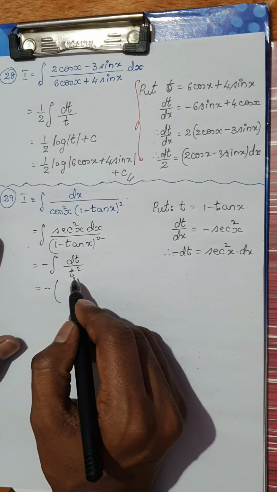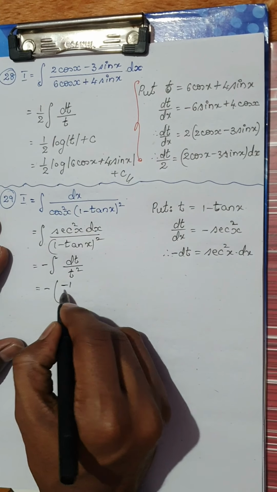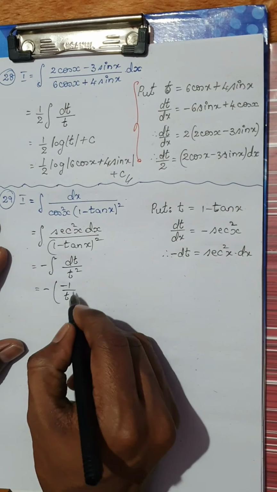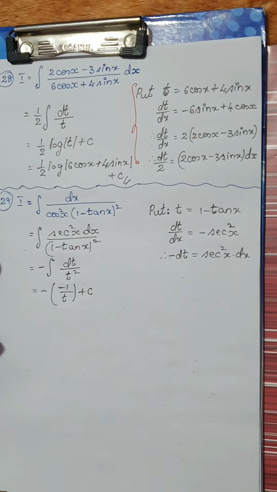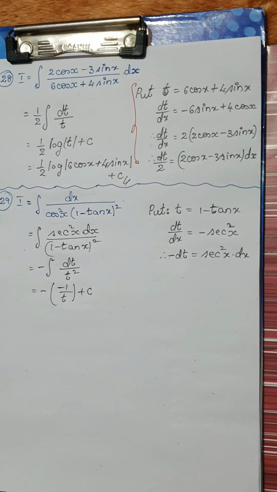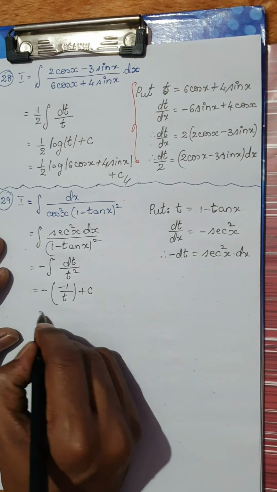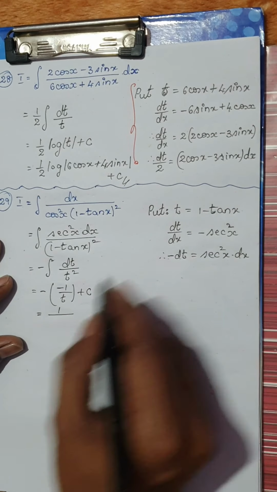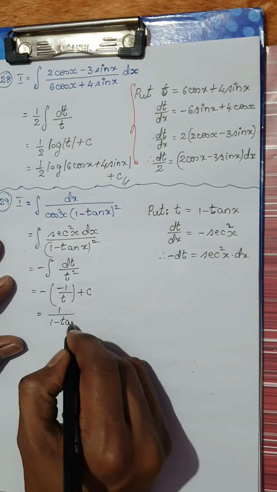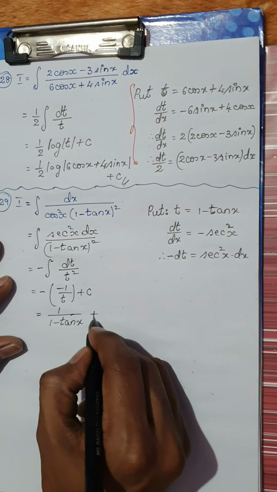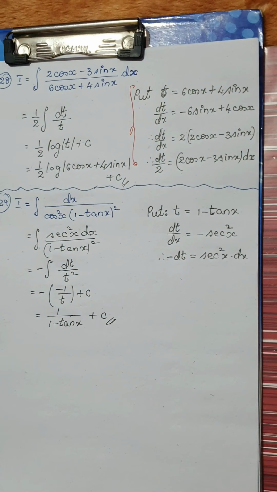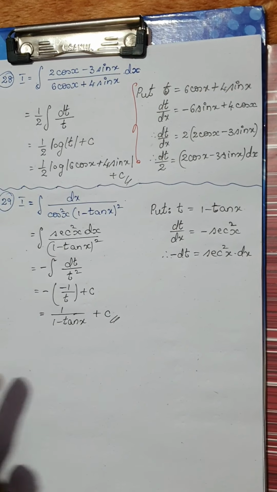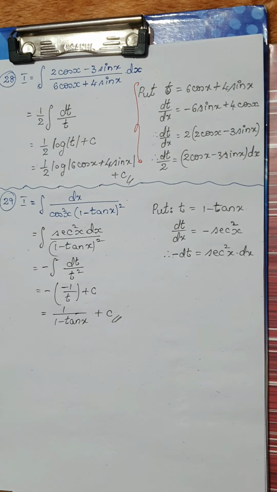Integral of 1 by x square is minus 1 by x, so integral of 1 by t square is minus 1 by t plus the constant of integration. Finally, minus into minus becomes plus. It is 1 divided by t. t means 1 minus tan x plus the constant of integration, and it will give me the final solution of the above integral.